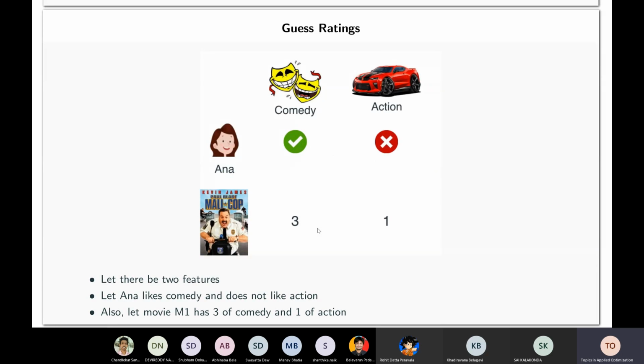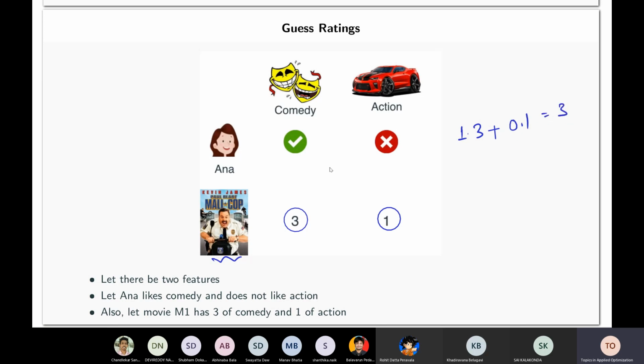So in this case, as we saw in the last class, Anand may like comedy but doesn't like action. And then the movie Mali Cop has 3 parts comedy and 1 part action. So in that case, we can calculate the possible rating given by Anand. So 1 times 3 plus 0 times 1.